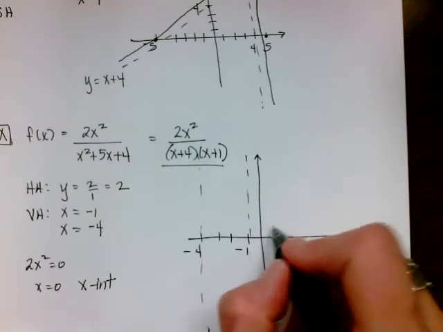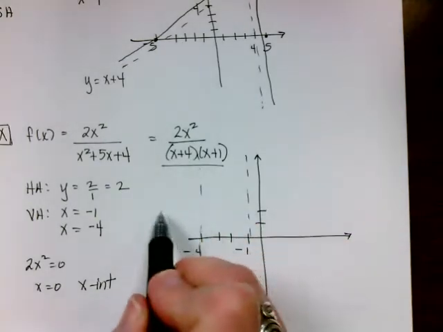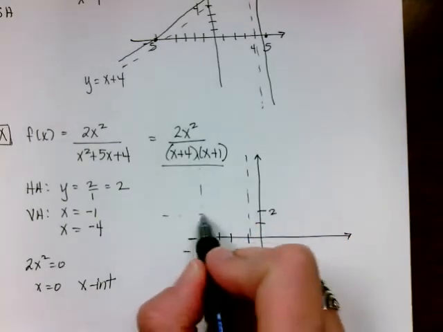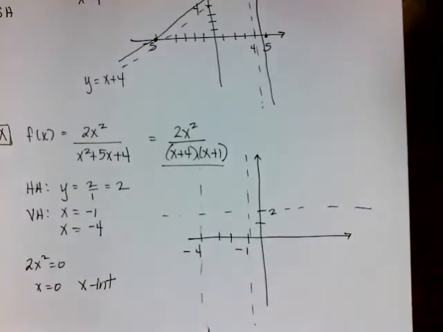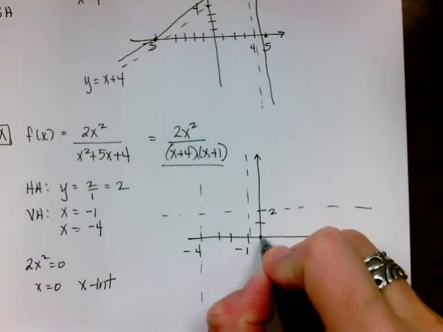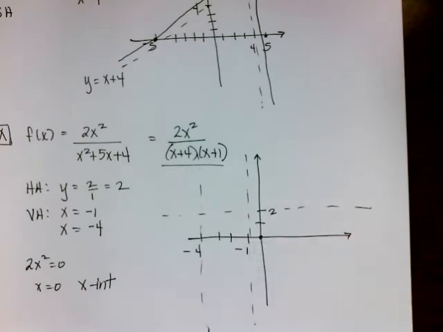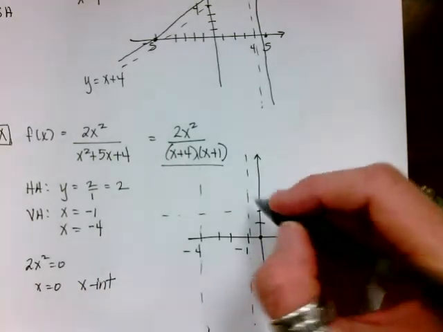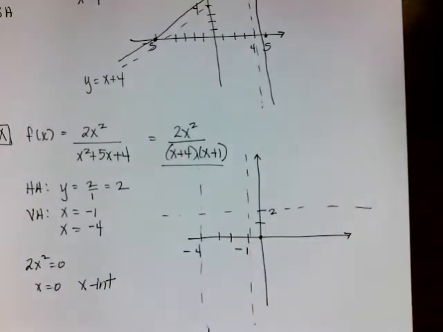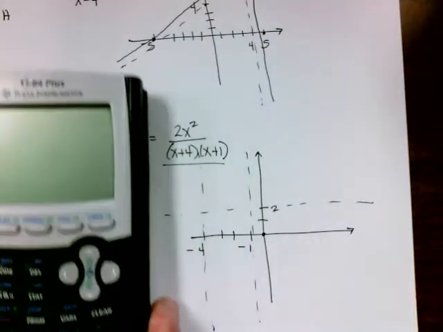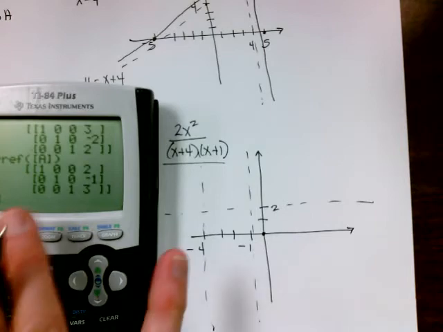My horizontal asymptote was at y is equal to 2. Get that 2 on there. Remember, you always have to label your graphs well. And then I know that it crosses at x is equal to 0. Okay? So this one's actually an unusual case. So let me put this in my grapher and then I'll explain it to you.